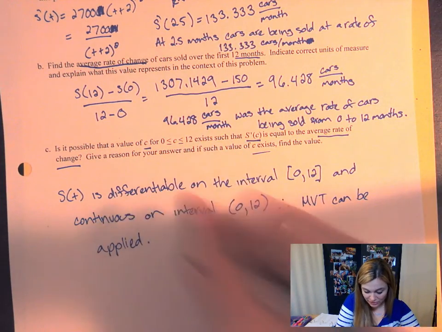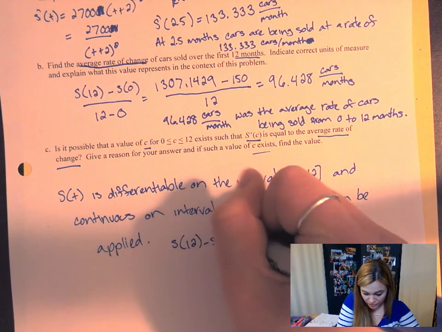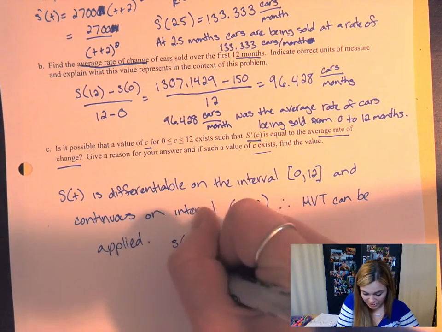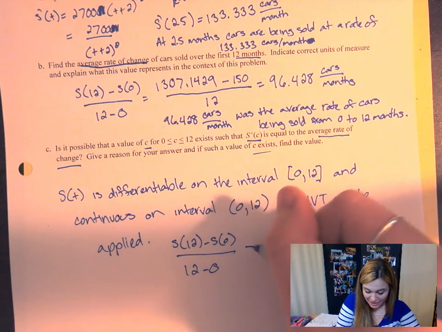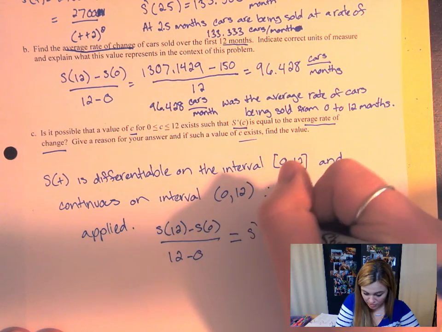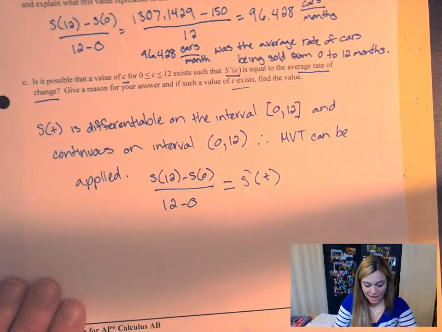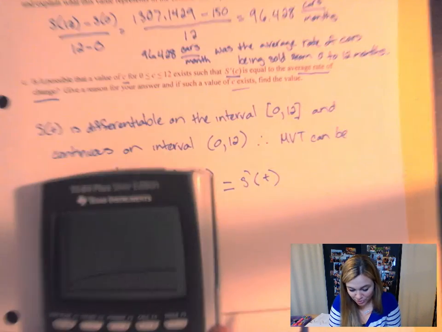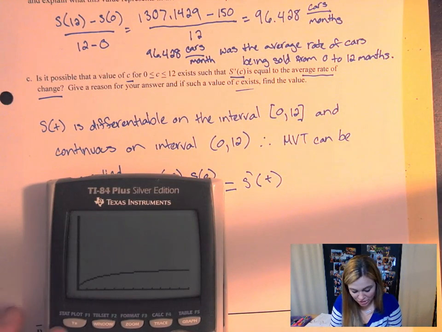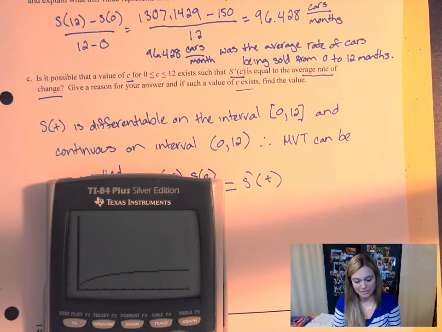So let's actually do this. So I'm going to say S of 12 minus S of 0 over 12 minus 0. And I want that to be equal to S prime of t. S of 12 minus S of 0, I'm going to go back here. We said it was 96.428, but I actually want the greatest degree of accuracy possible until I get to my final answer, and there I can stop 3 places after the decimal.